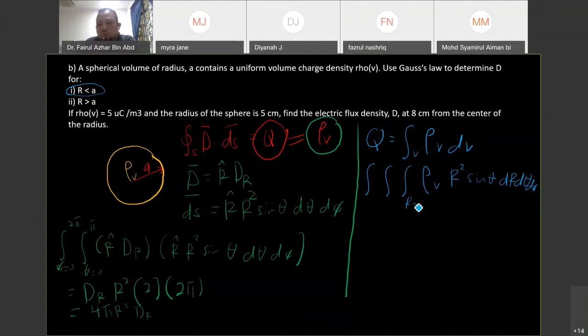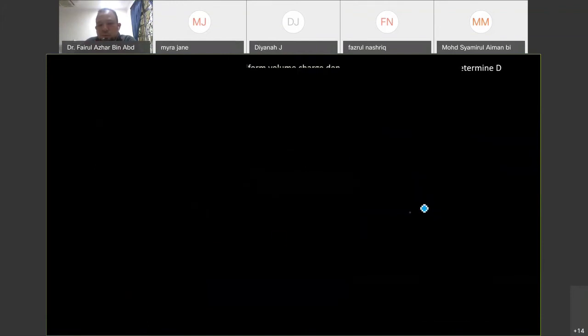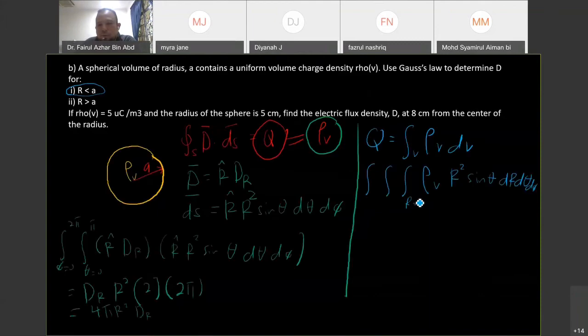So we integrate from 0 until any r located inside. Then the limit of theta is 0 until pi, considering the full structure, and phi is from 0 until 2 pi.